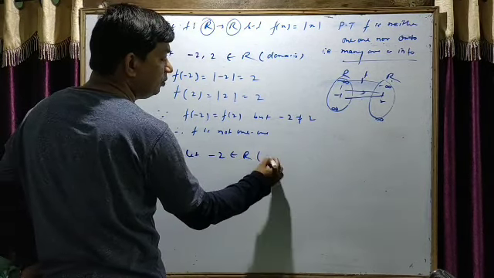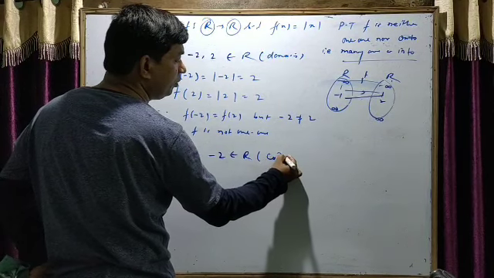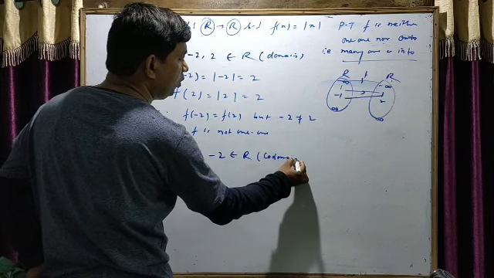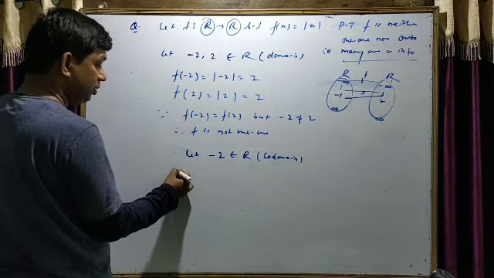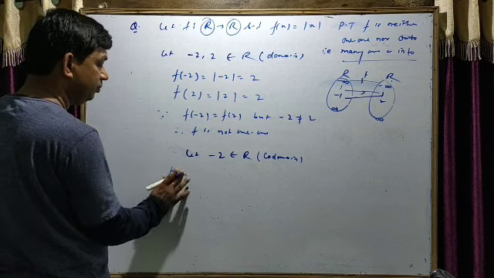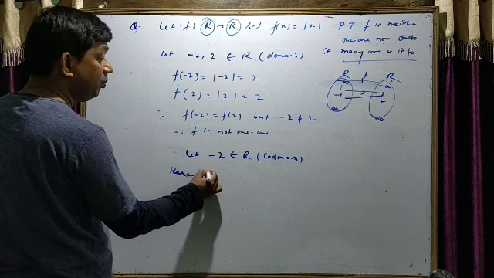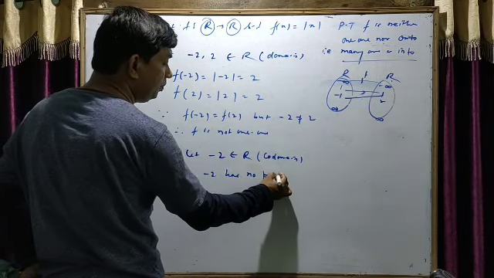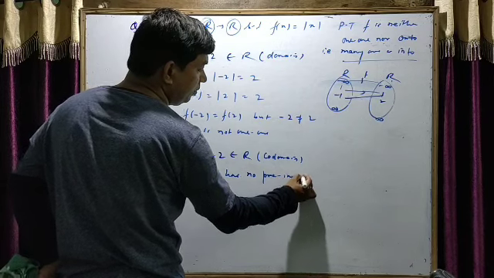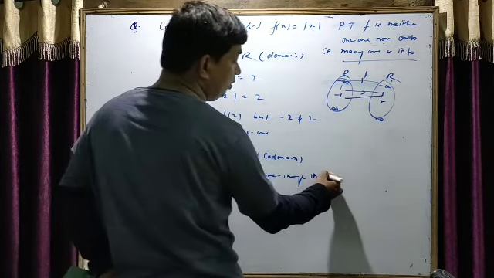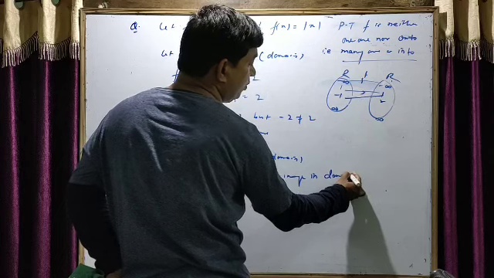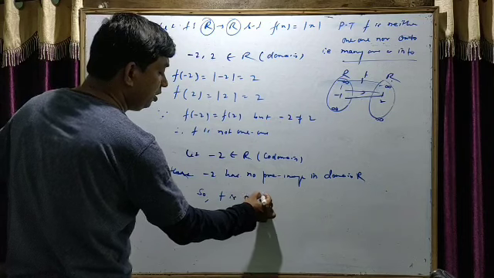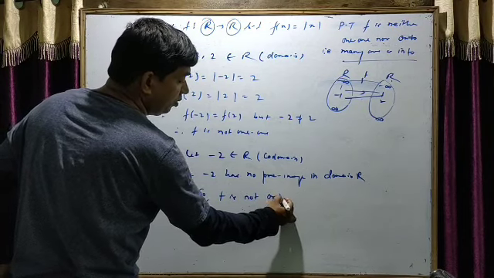This is the codomain. Here minus 2 has no pre-image in the domain R. So f is not onto.